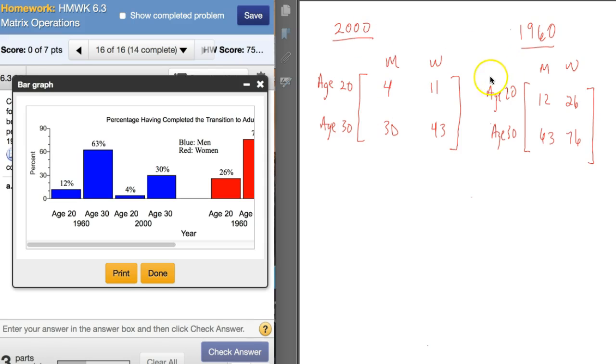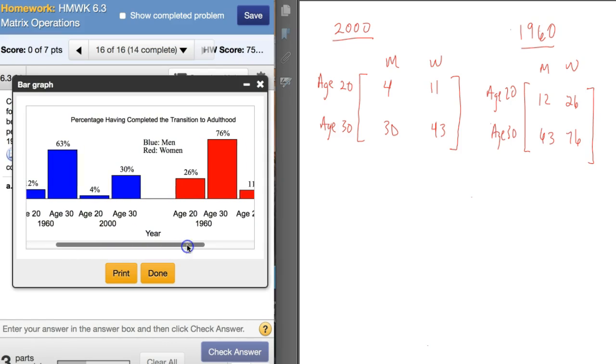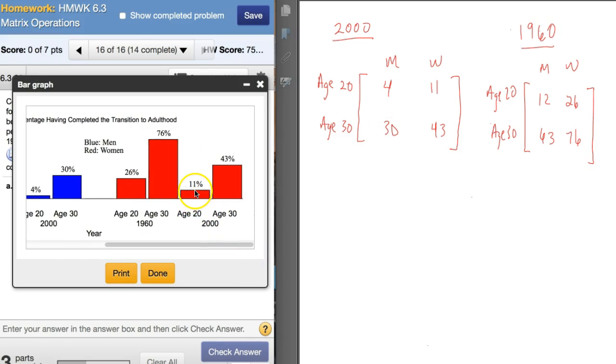All right, so if we write all this information up here, this is what it's going to look like in matrix form. So you'll see here that for the year 2000, for the men, we have 4% and 30%. And then for the women for 2000, if we look over here, we have 11% and 43% respectively for ages 20 and 30. And then we do the same thing for 1960. The women here have 26 and 76% for ages 20 and 30.